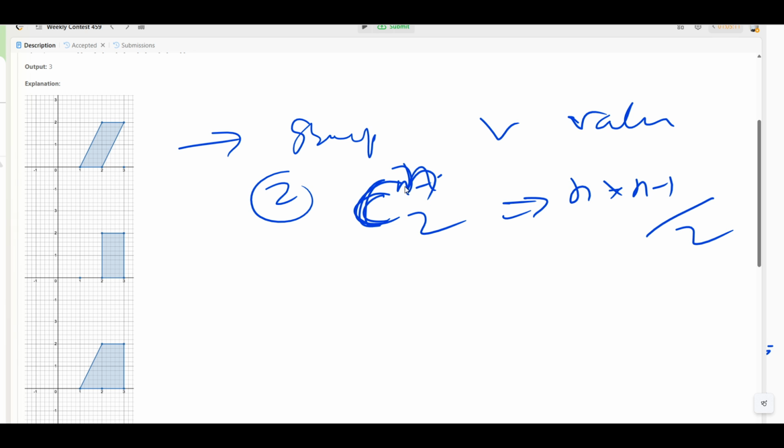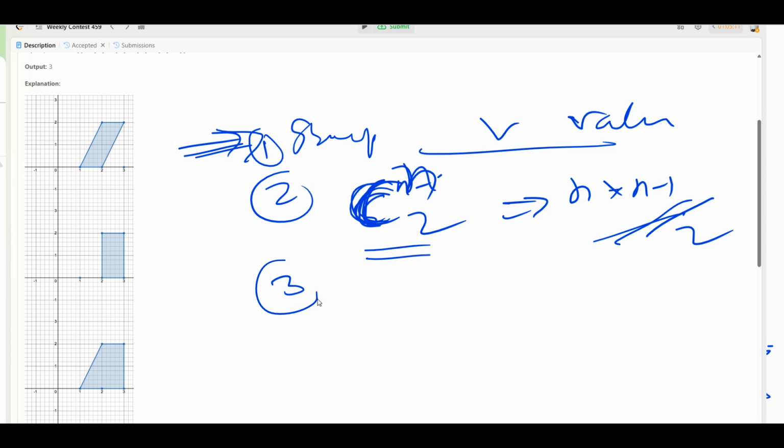This is the mathematical formula to find how many pairs of points we can get. So first we group the points by their y values, then for each value we compute how many pairs of points can be formed on that line using this formula.